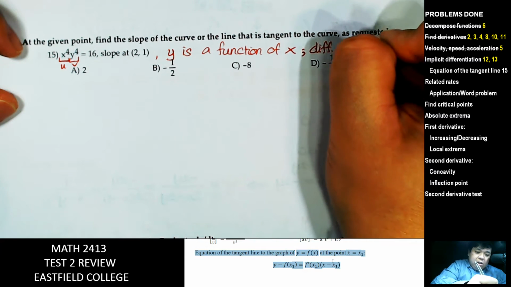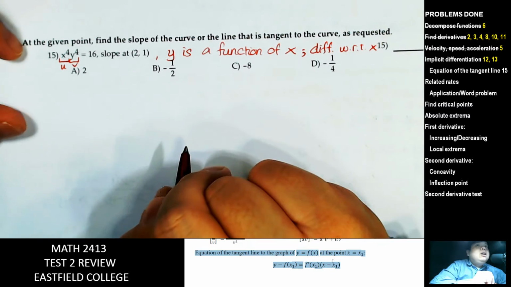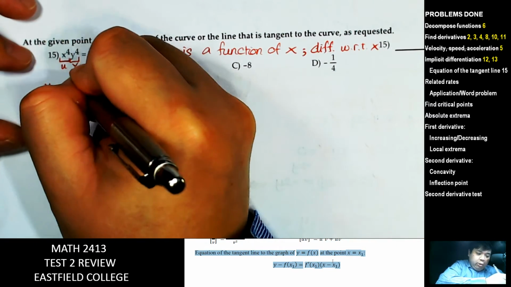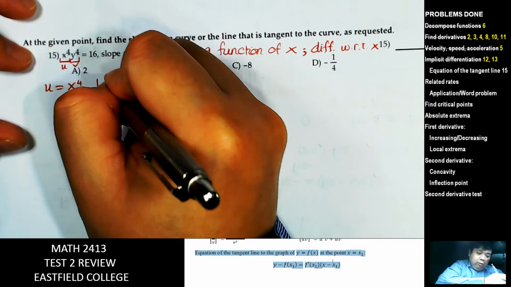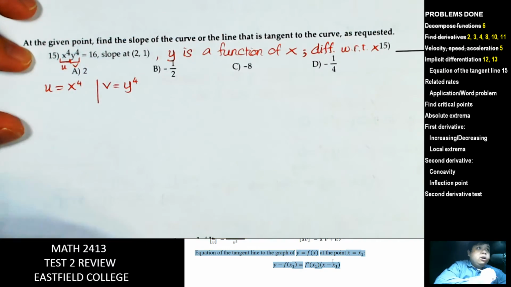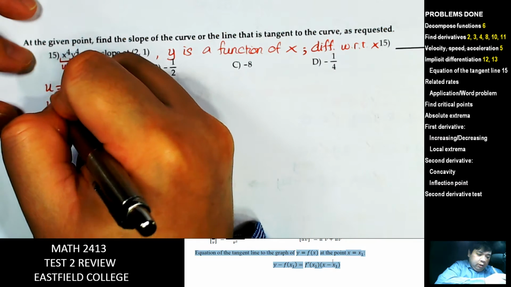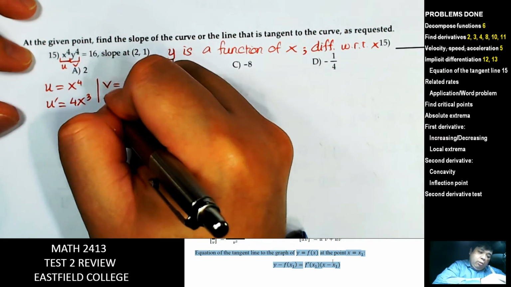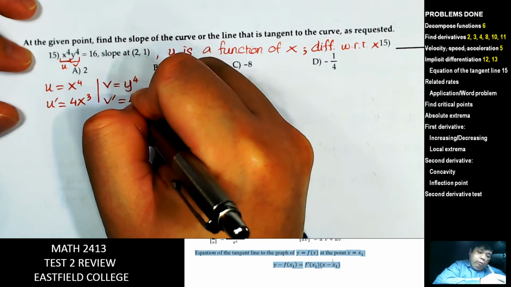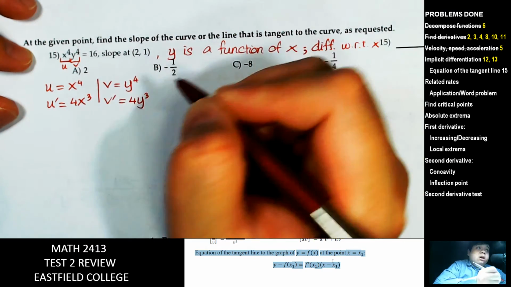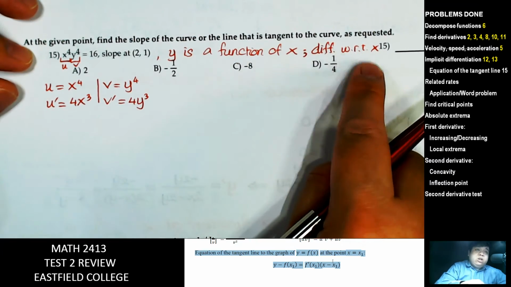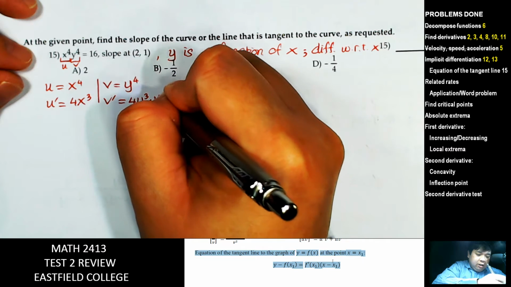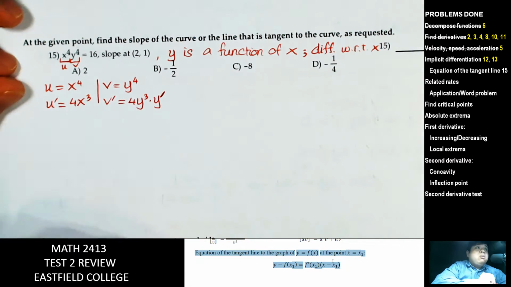with respect to x. Right, so u prime, u is x to the 4th, v is y to the 4th, u prime is 4x cubed, v prime is 4y cubed. But since y is a function of x and we take the derivative with respect to x, we have to have the y prime next to it.